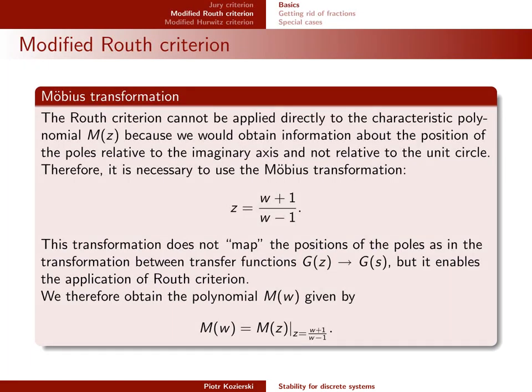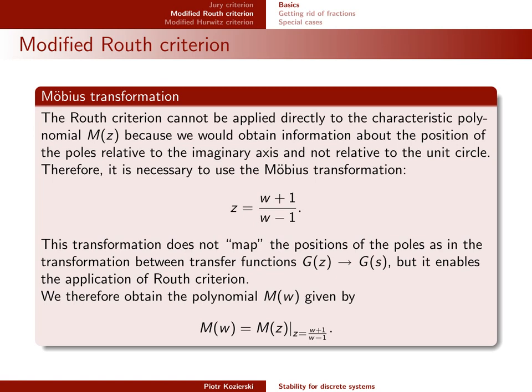Unfortunately, this was only the first of 2 criteria. Fortunately, the latter is partly a reminder of what, I hope, has already been covered. We will use the modified Routh criterion. I warn you that the content of the task will include the criterion that you will have to use. In the modified Routh criterion, one must first use the so-called Mobius transformation.